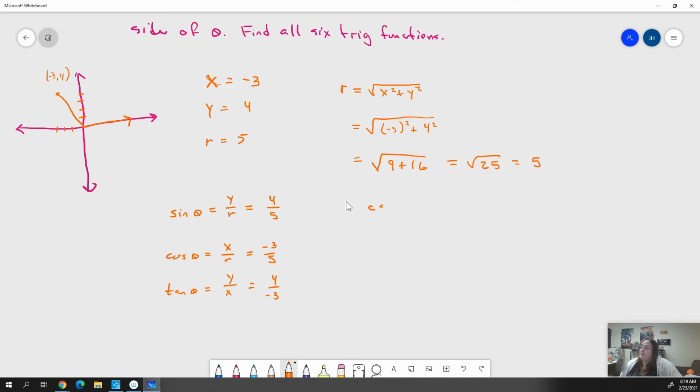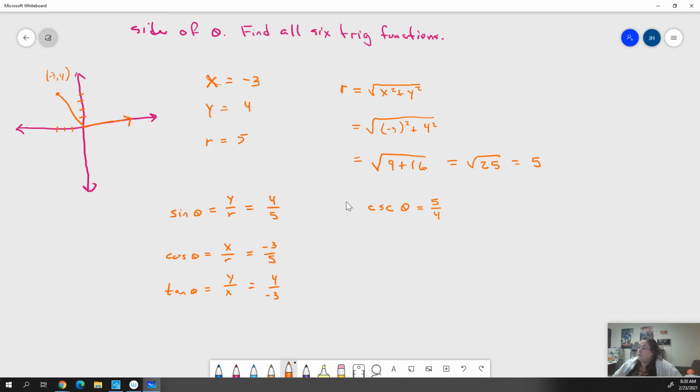It always helps to remember that cosecant goes with sine, because I always want to put it with cosine. I always want to make it the inverse of cosine because they both start with co, but it is wrong. It is the inverse of sine, which means that we can just flip this over. This is just 5 over 4.